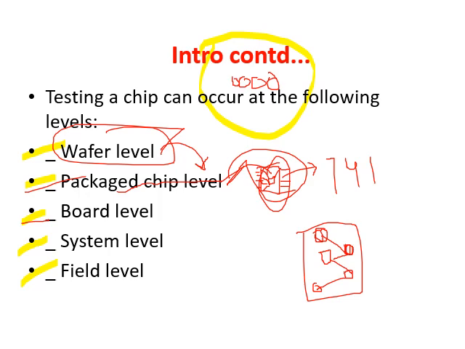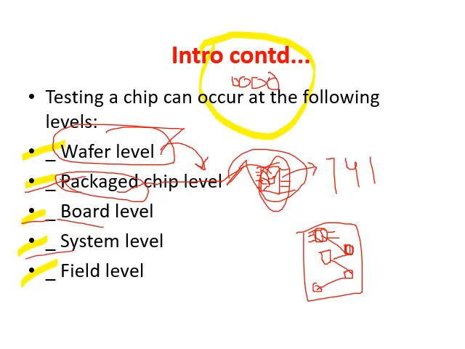So there is a possibility that I may not get all the input lines or output lines on this board. I may get only one or two input lines. What I'm trying to say is, testing the IC on a board is more complex than testing a single IC which is independent.